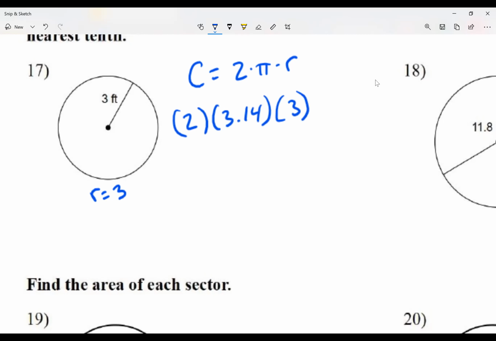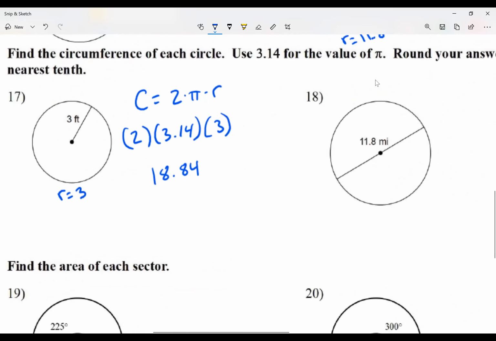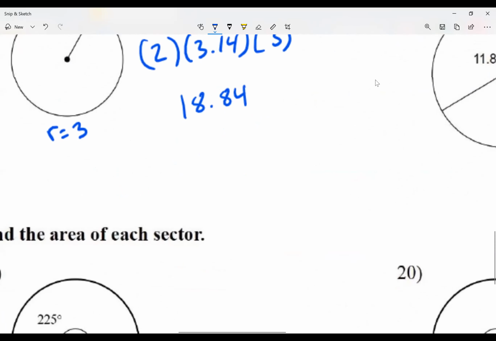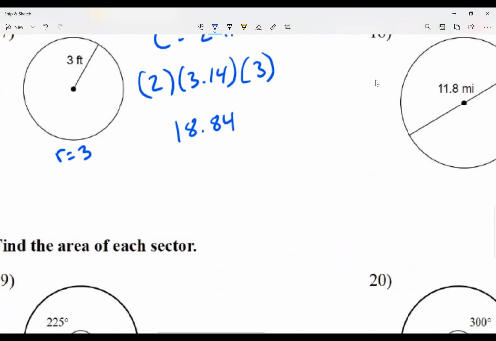In this case, my calculator says 18.84. But on the instructions, let me zoom out, it says round your answer to the nearest 10th. 10th sounds like the number 10, which is a 1 with a 0. That means 1 decimal place. So my answer should only have 1 decimal place.